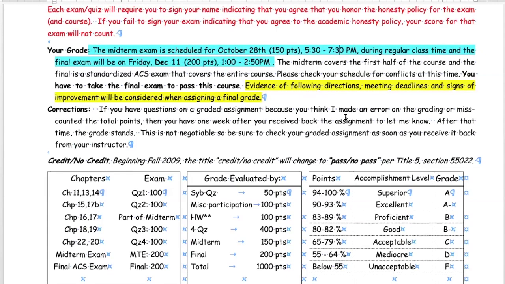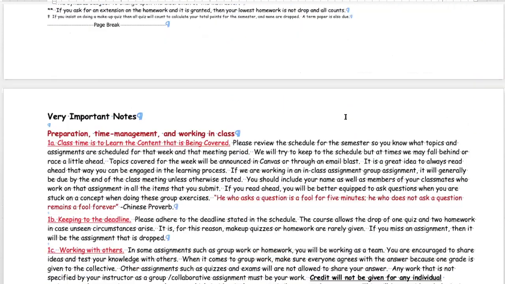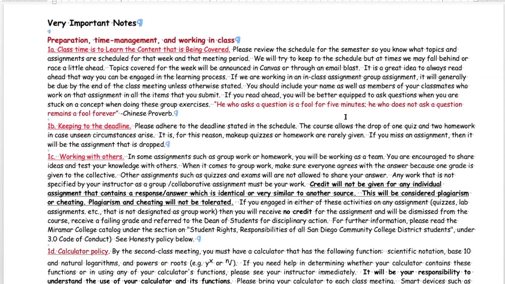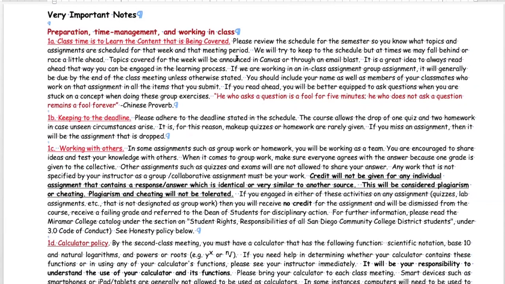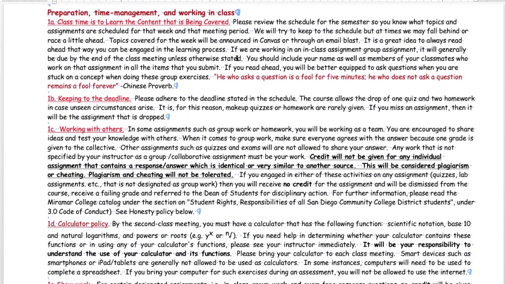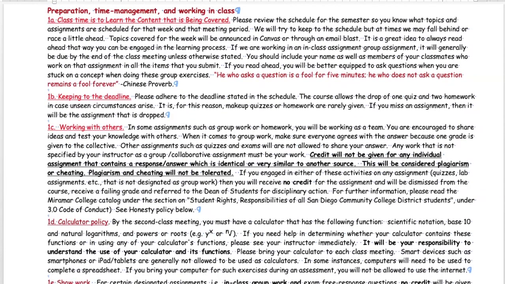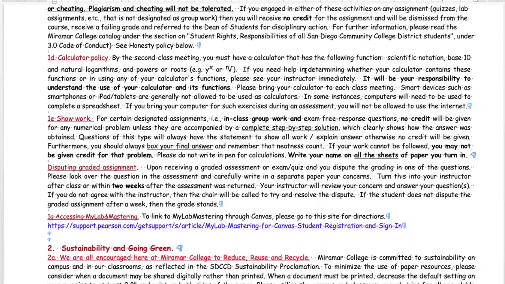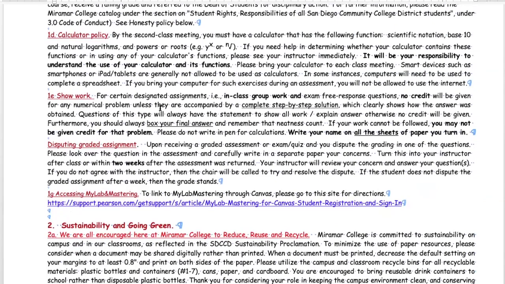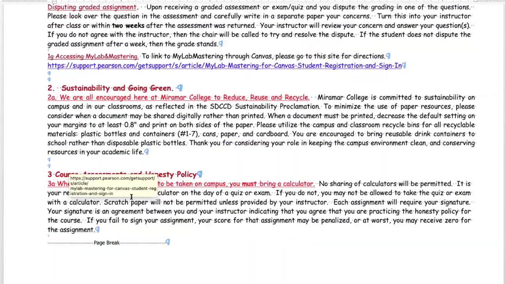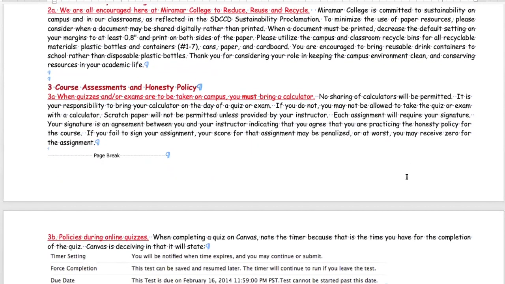And then the rest of this is just information about making sure that you are learning, staying on topic, keeping to the deadlines, collaborating with others, but not cheating with others. Okay. So you can read that, especially the honesty policy, because again, the department was just irritated.